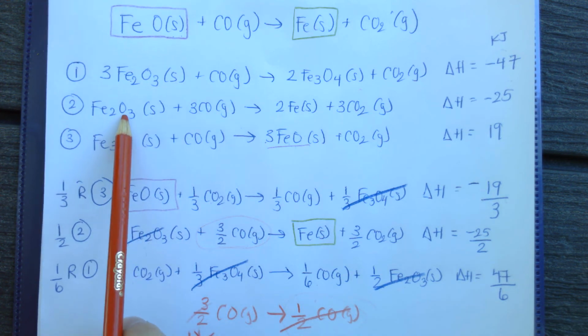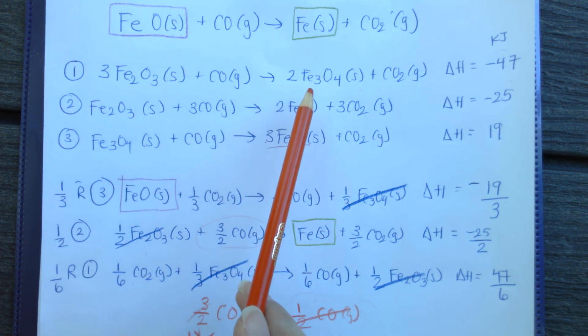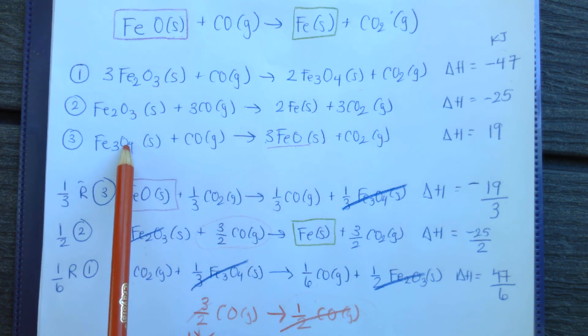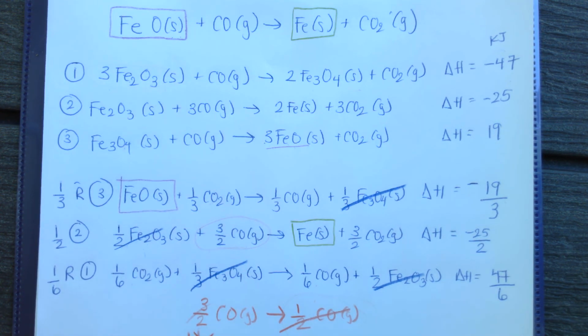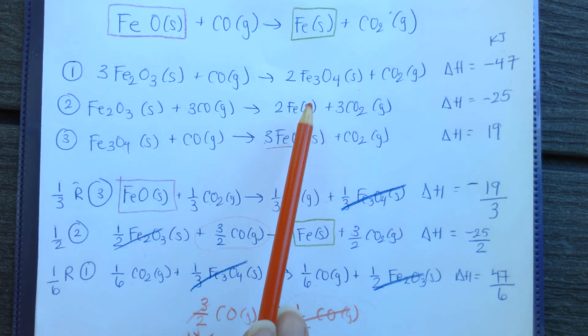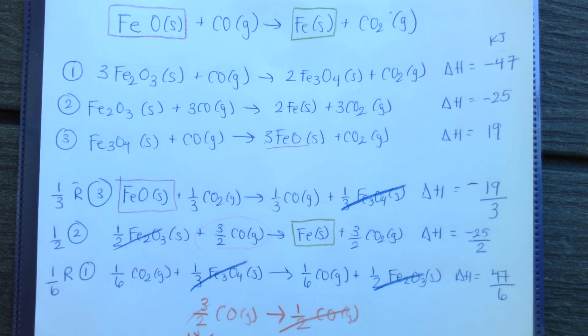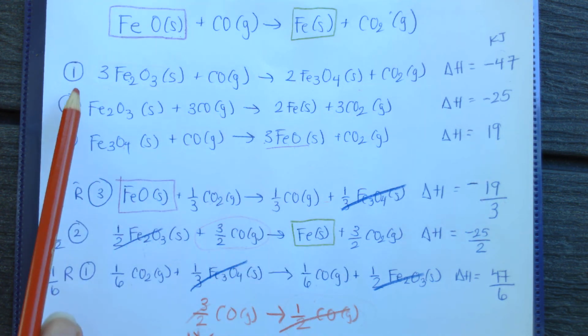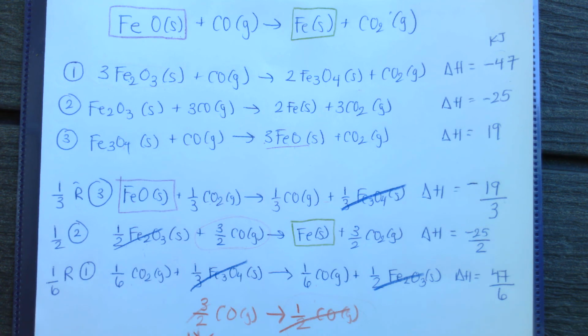So this helped us eliminate this. And again, this helped us eliminate this here. So unlike the previous ones we did where we were able to get a major piece of the equation and set it, this one didn't do that. This one had an equation that was almost sort of serving as an elimination to get rid of all of this extra stuff that we had introduced along the way.